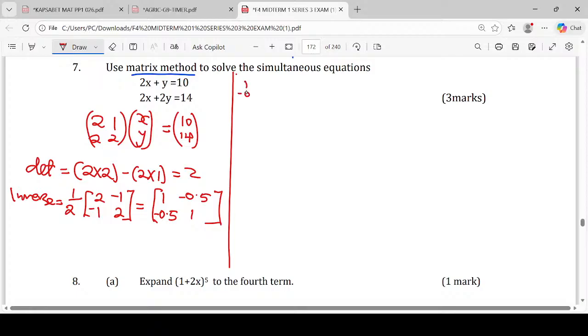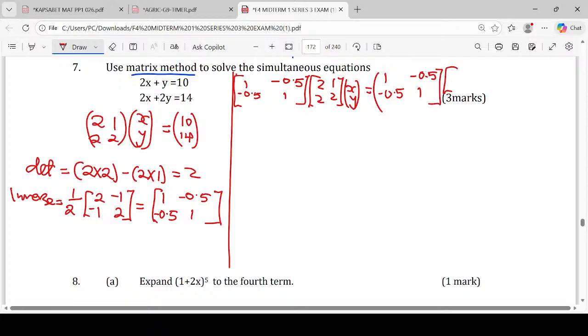So that means we are going to have [1, -0.5; -0.5, 1] times [2, 1; 2, 2] times [x; y] being equivalent to the inverse matrix [1, -0.5; -0.5, 1] being multiplied by [10; 14] on the right.